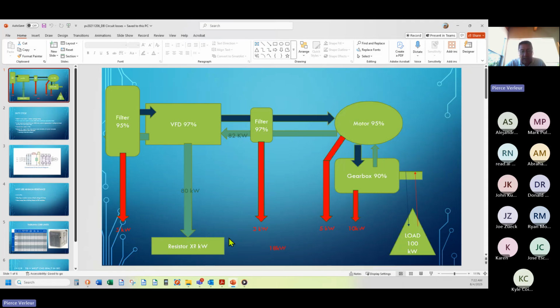When you start getting into these heavy regen applications, we need to look at much larger resistor banks, or we need to go to the next step, which is regen. We'll talk about that in a second. Now, hopefully you understand this simple play of energy and how we dump it off.